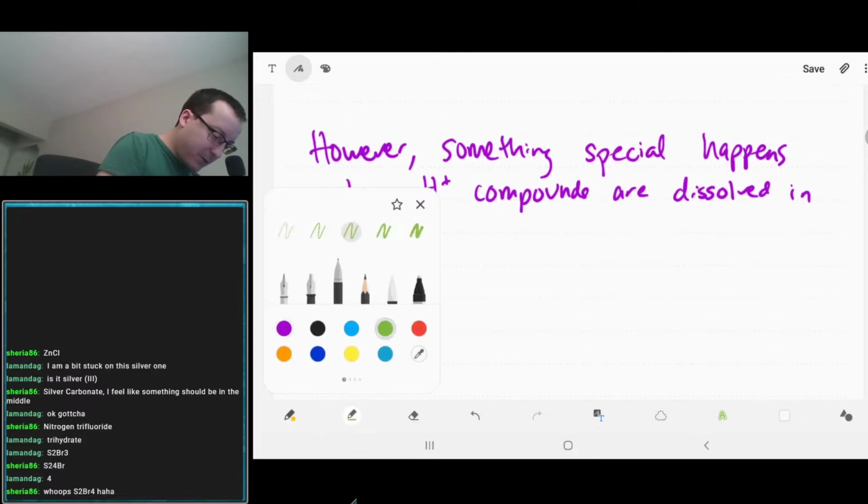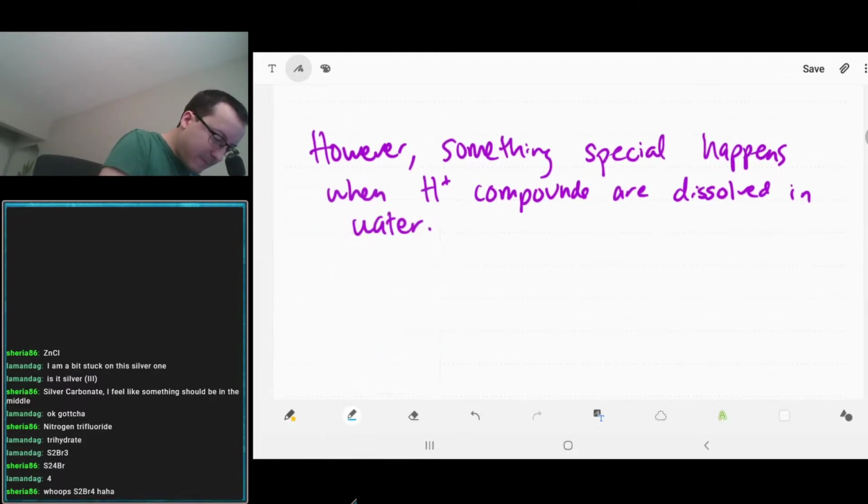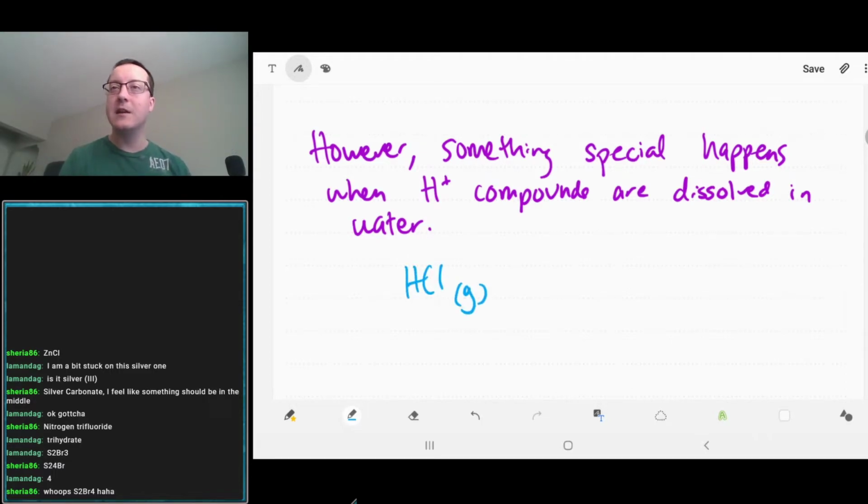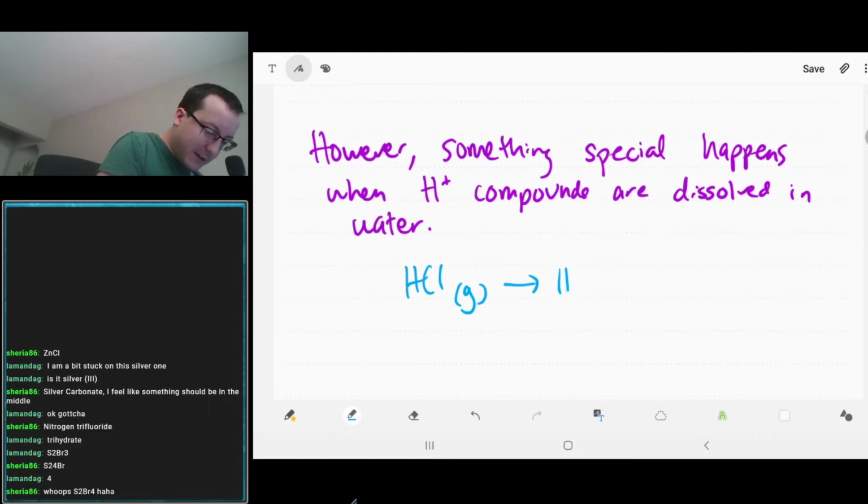For example, hydrogen chloride is typically a gas at room temperature. If we were to dissolve it in water, it will actually behave quite differently.